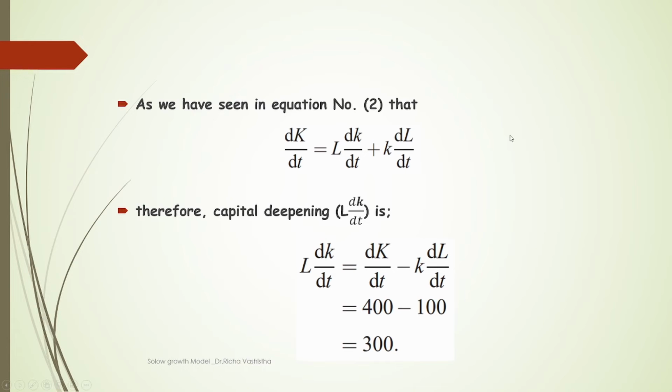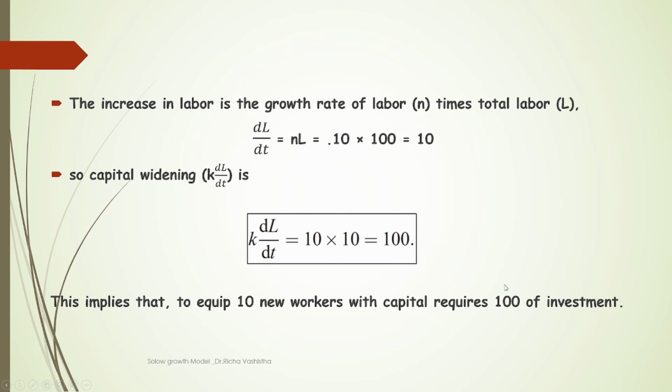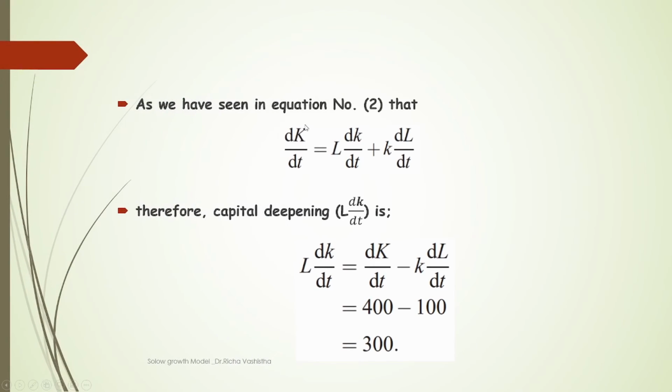Now in this equation, we have already found the capital widening part, as you can see, and further, putting all the values in equation number 2, we can find out the capital deepening part. It is simply to show, with the help of that equation and the values given in the numerical, how we can find the total capital accumulation in the economy once we find the capital deepening and the capital widening parts.